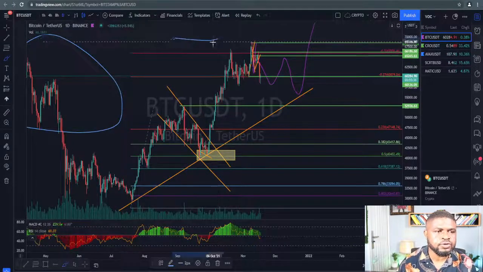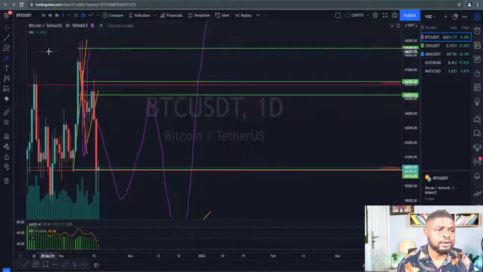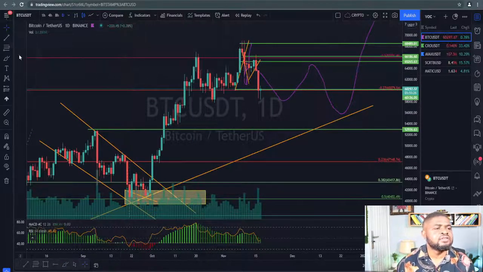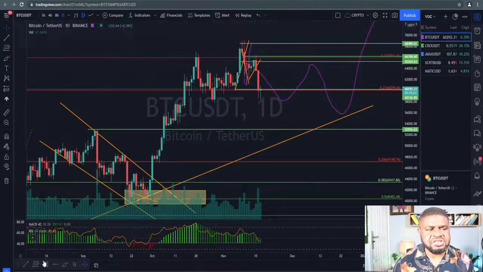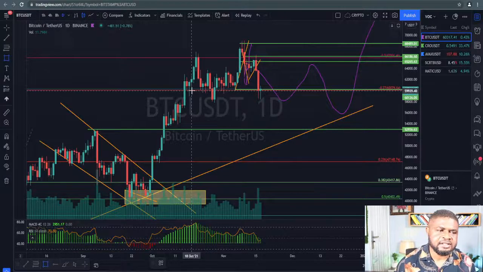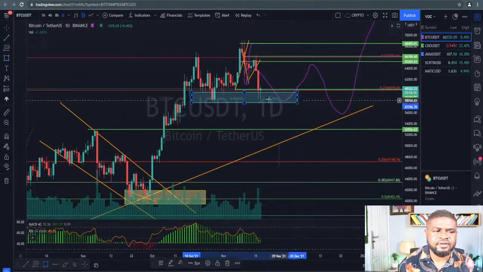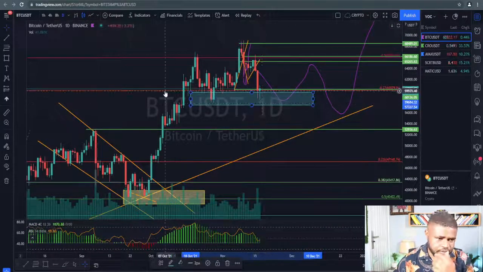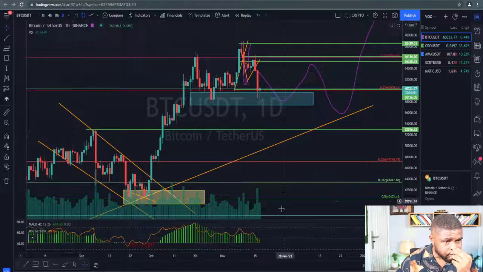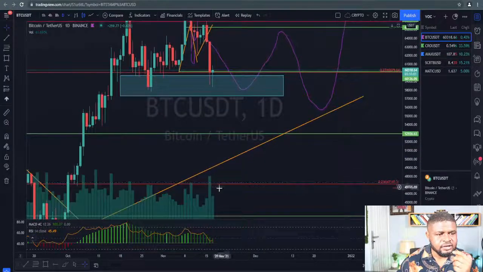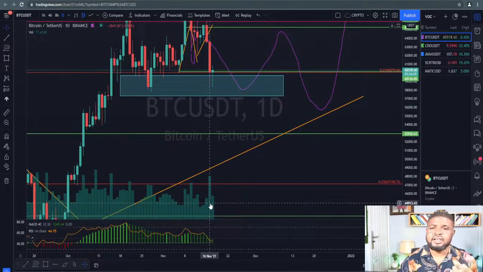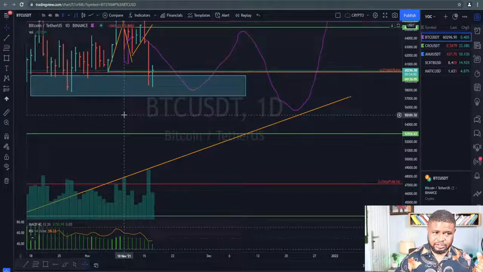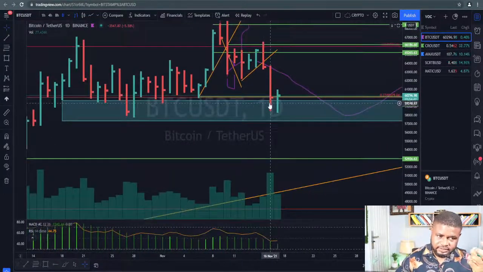So far so good. In my opinion, Bitcoin is still on track, really on track, so there's no need to panic, guys, because you can say distribution is going on, but what I can see is kind of reaccumulation, right? And if I'm to consider the most recent move, considering the volume of yesterday, that the price dipped down, if I go over to bar charts, you will discover that this bar didn't close very healthy, right?